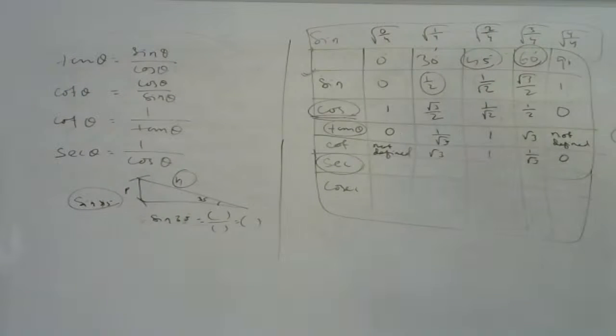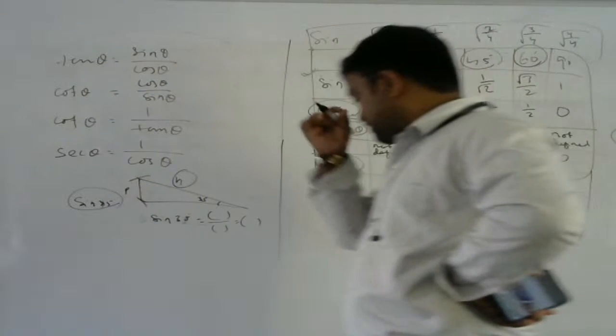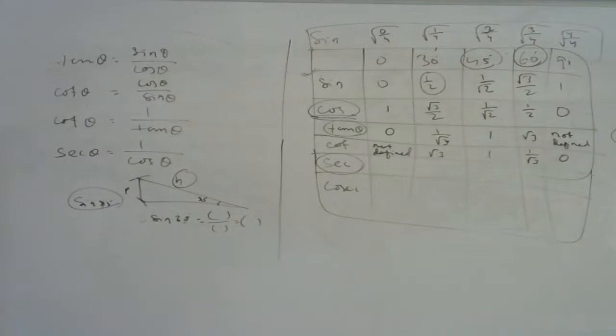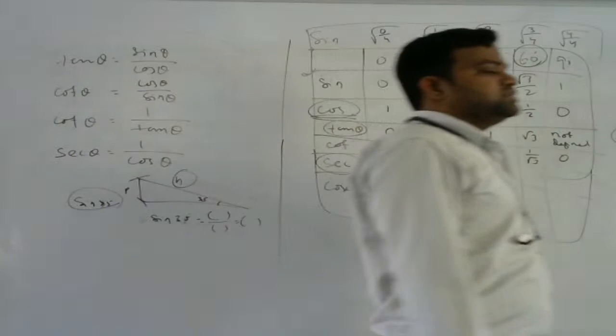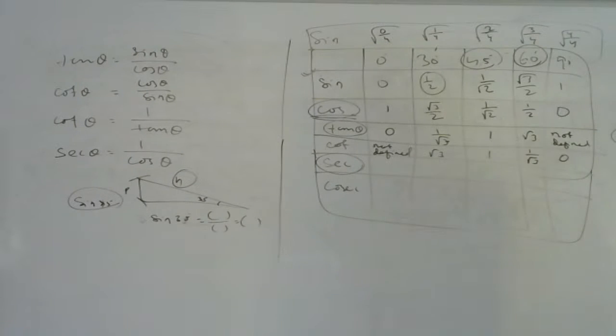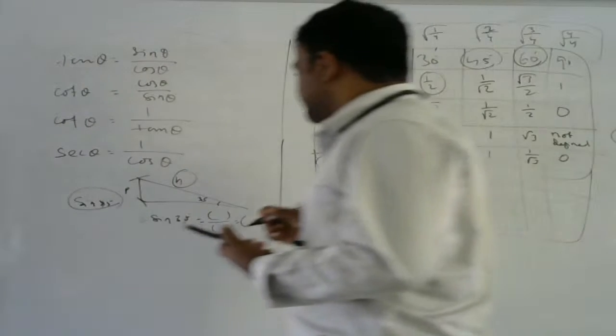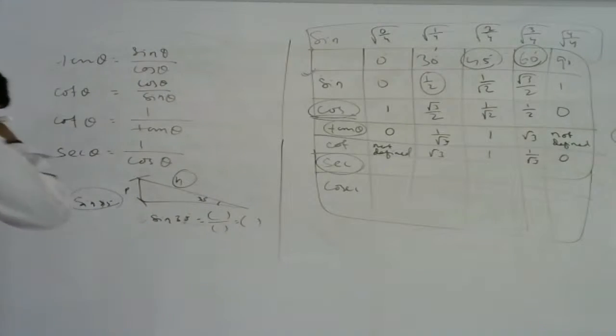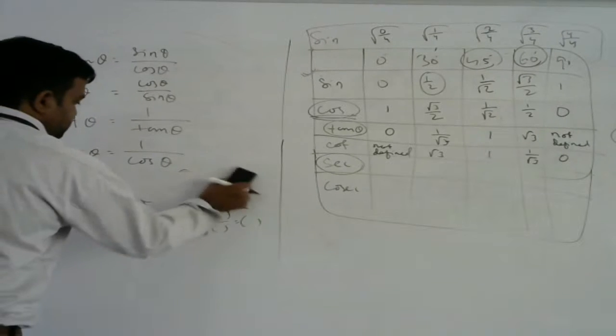So greater than 90 also you will learn in class 11, the values of sine, cos, and all these trigonometric functions for different angles beyond 90 degree. But for now in your class 10, we'll restrict our discussion to 0 to 90 degree. So sine 35 also exists, or sine of other angles also exist. That is not the point.